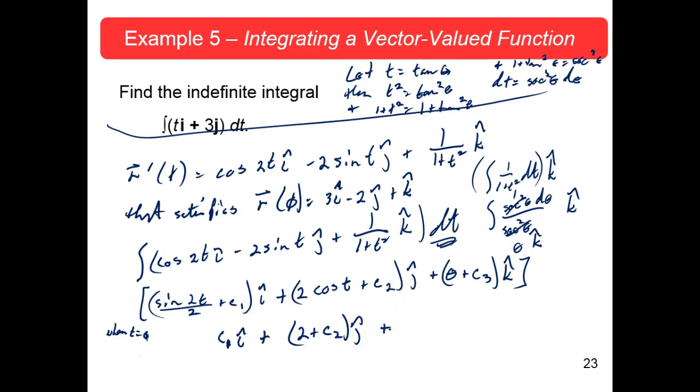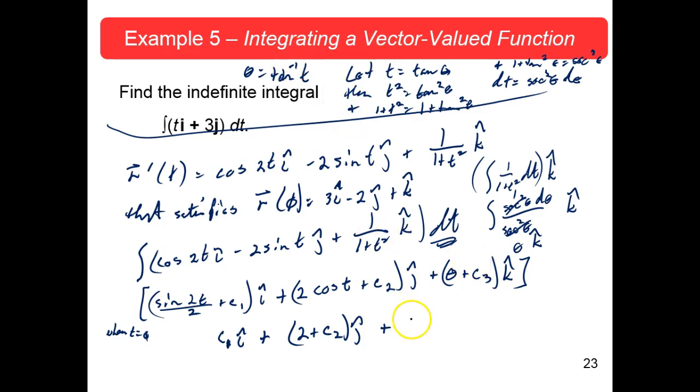Plus, now, when theta... I guess we need to do this. If t is equal to tangent theta, then theta is equal to inverse tangent of t, right? So we need to go back and do this.